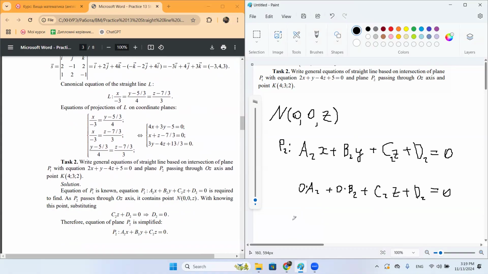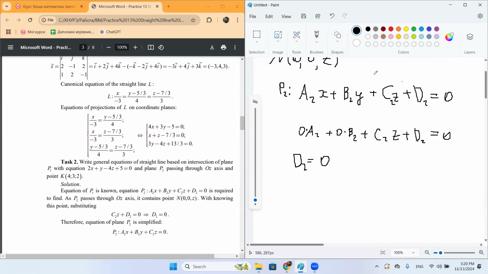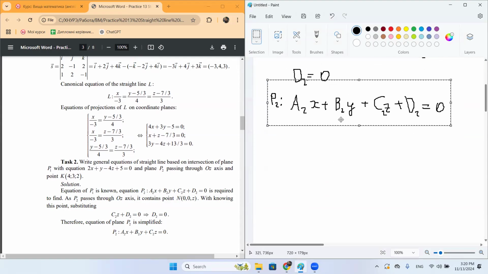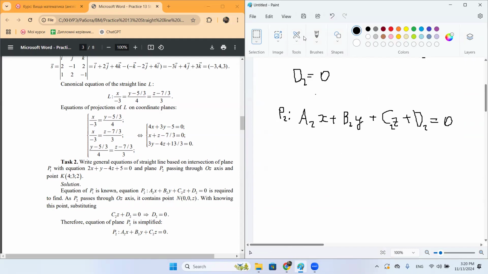From this equation we can figure out that D2 is equal to 0. And then the equation of P2 can be simplified. So the coefficient D, the free member, is equal to 0.